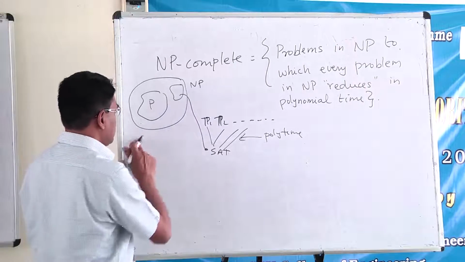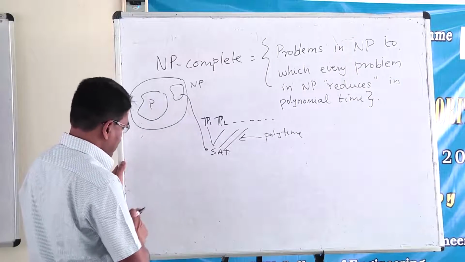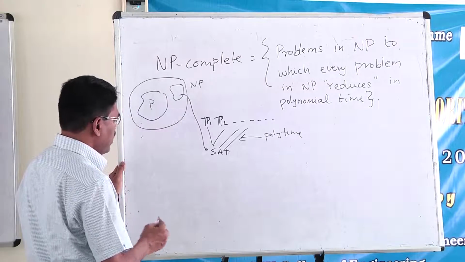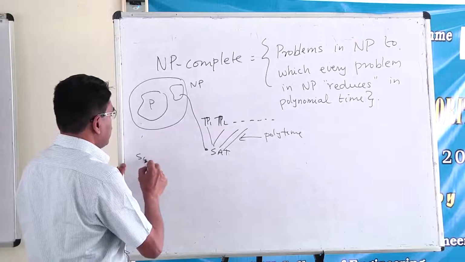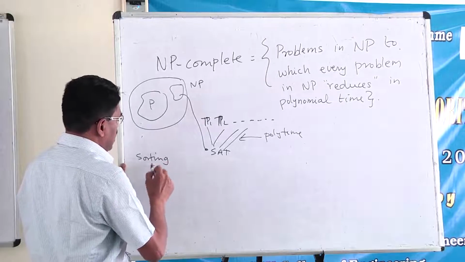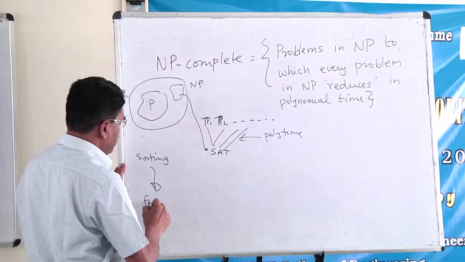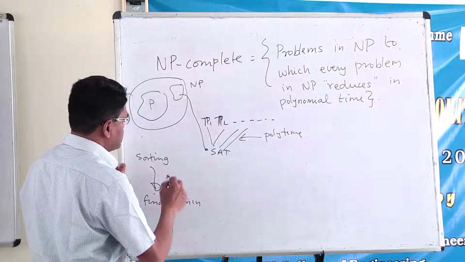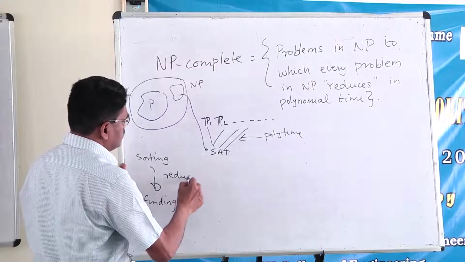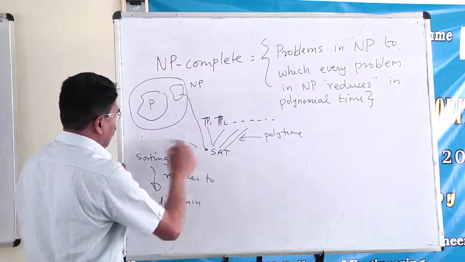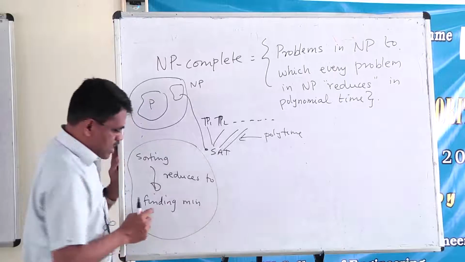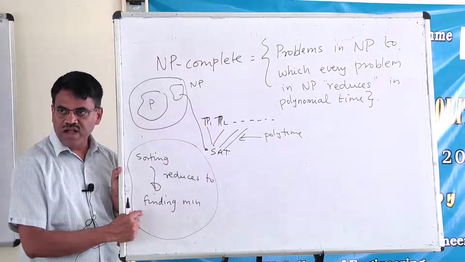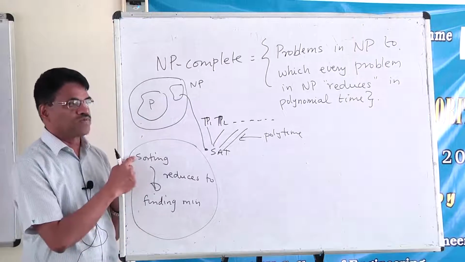So a reduction, for example, sorting reduces to finding min. Let's look at, in the polynomial world, what does reduces to mean? By that I mean that if I have an algorithm for this problem, I can use that as a subroutine to solve this problem.